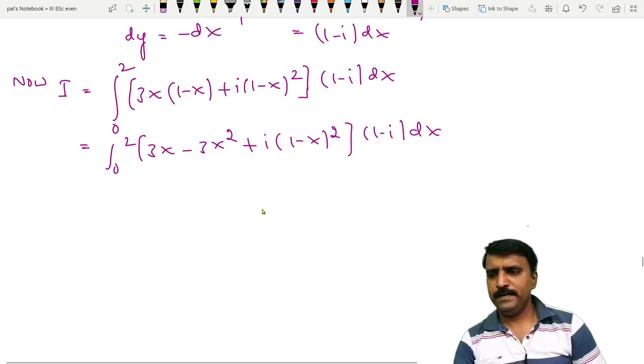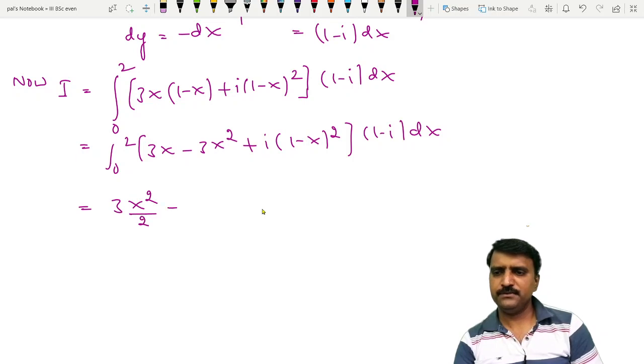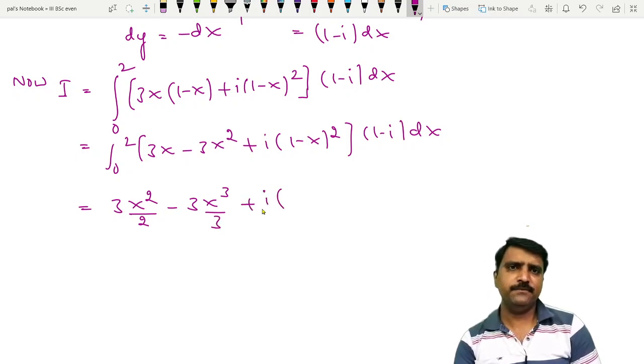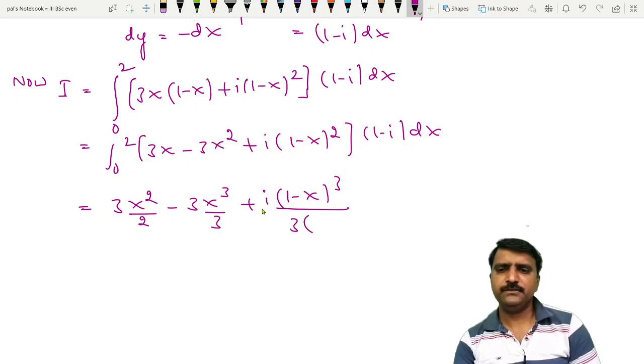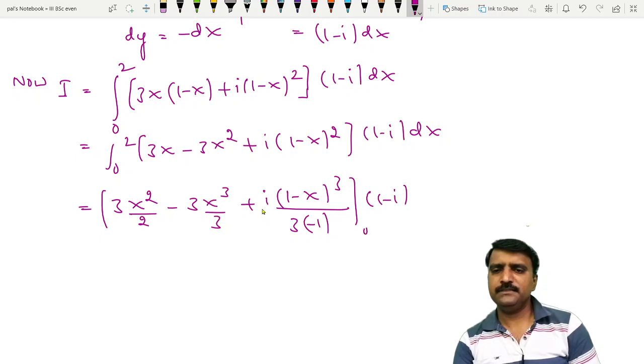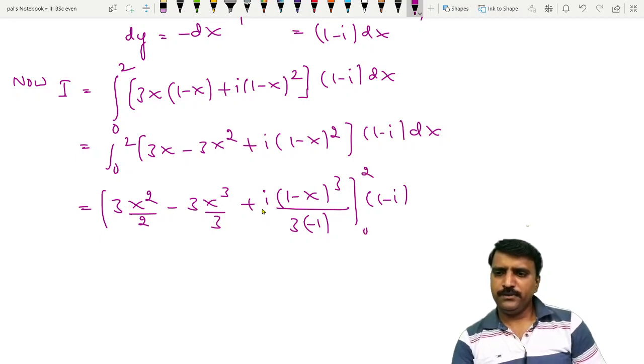The integration gives 3 into the integration of x, which is x square by 2, minus 3 into the integration of x square, which is x cube by 3, plus i into... it is in the ax plus b form, so its integration is (1 minus x) to the power 3 divided by 3 into the coefficient of x, which is minus 1, so write that minus 1 here. This into (1 minus i), with limits 0 to 2.